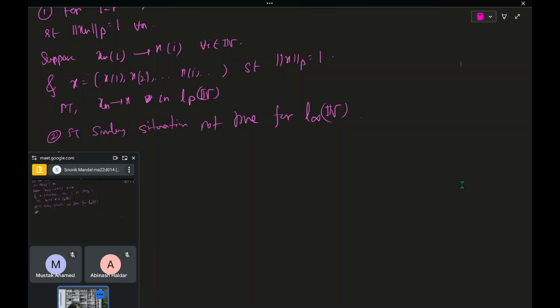I mean, we shall do the proof for p equal to 1, and the other cases are similar.